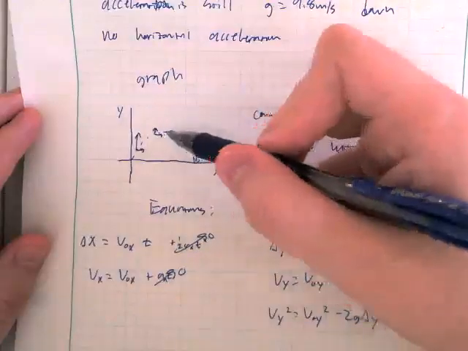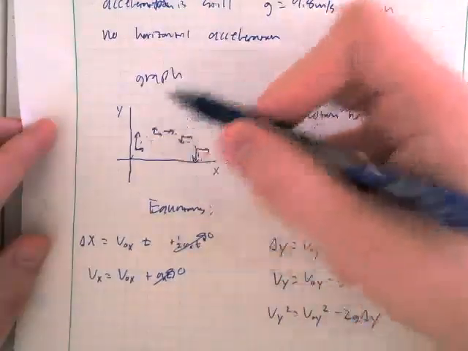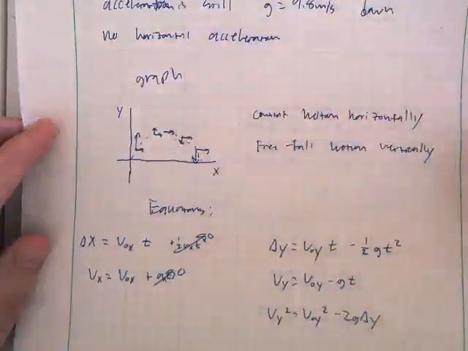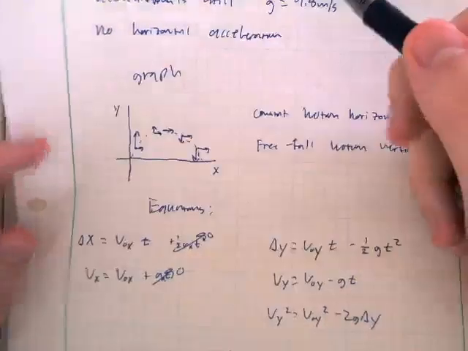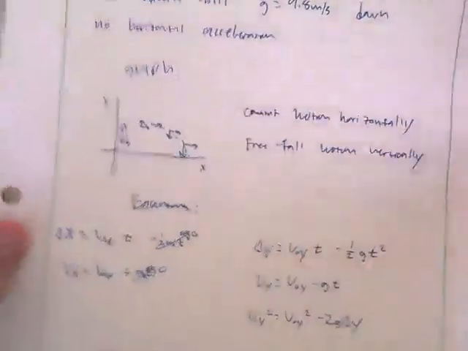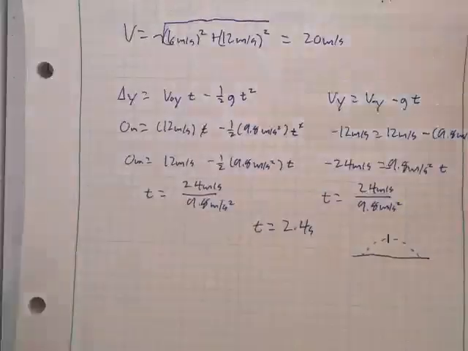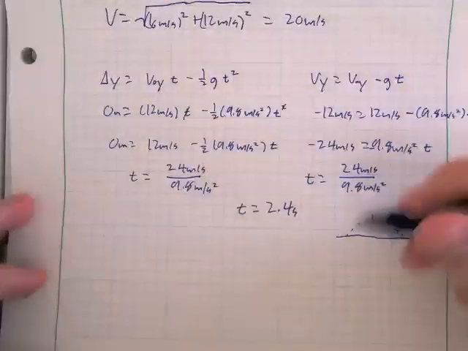So once it's actually 0, that is going to be your maximum height, right? If you still have some vertical component of your velocity, it means you're still going up, right? That's what that means. However, when you see that the vertical component of your velocity is exactly 0, that is the condition that will always give you the maximum height, regardless of whether you're launching on level ground or not.